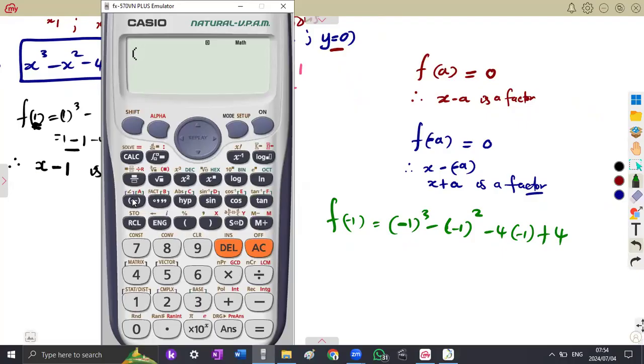So I'm just going to open a bracket here. -1 to the exponent of 3, then negative, open a bracket, -1 to the exponent of 2, minus 4 into -1, plus 4. So this one is giving us a 6.